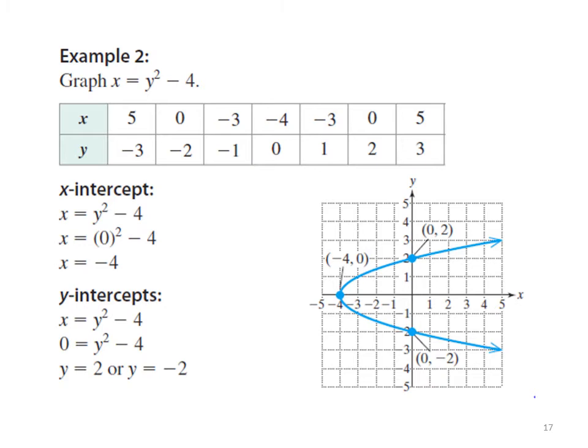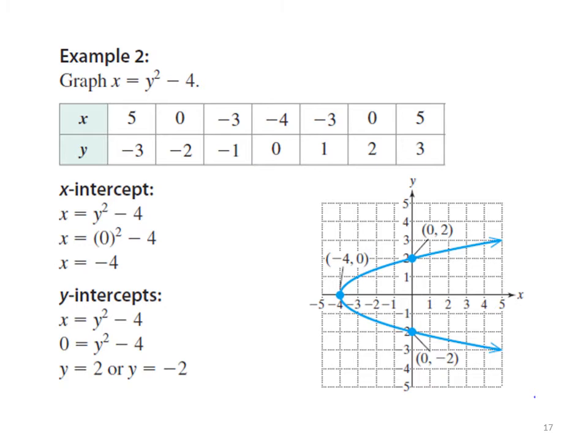Once you have enough points, you can graph those points, and then connect those points together, and that should give you an idea what the graph looks like. Here, some of the values for y we selected were 0 and some positive values 1, 2, and 3, and we selected some negative values -1, -2, -3, and these are values for y.